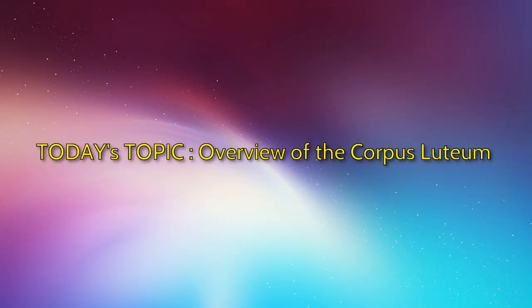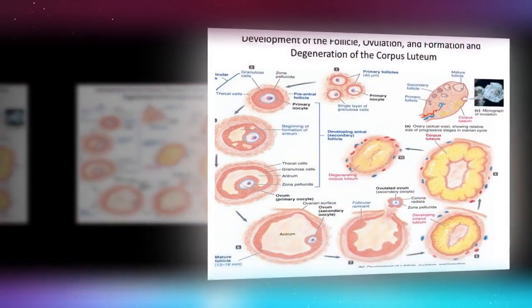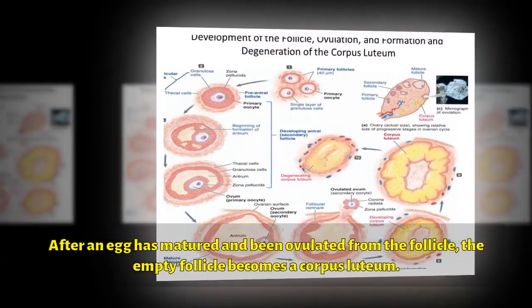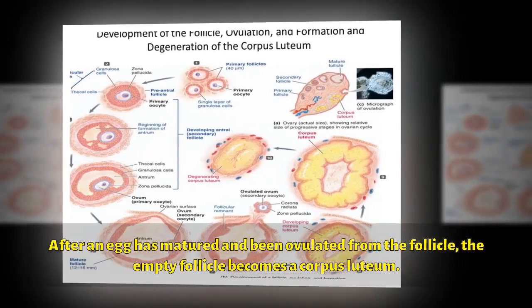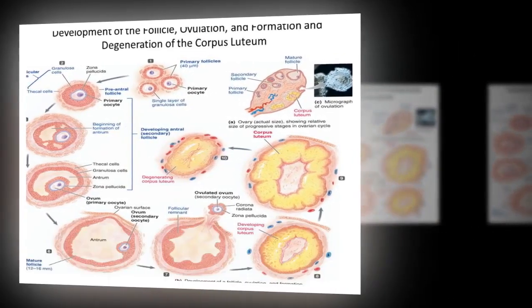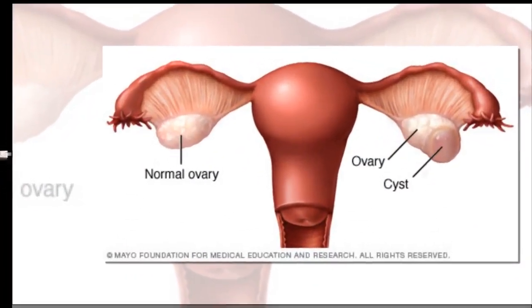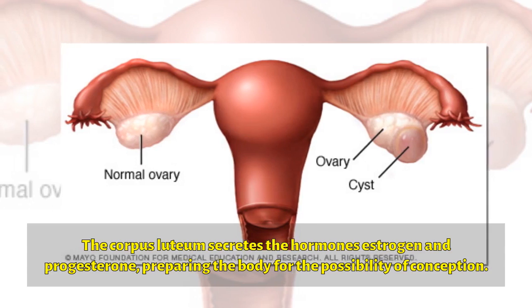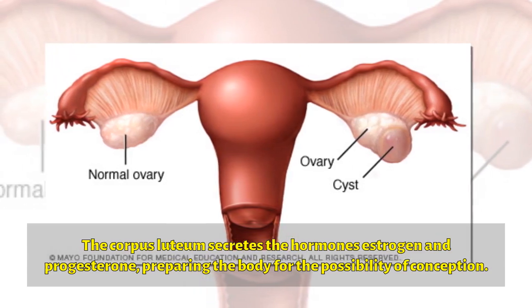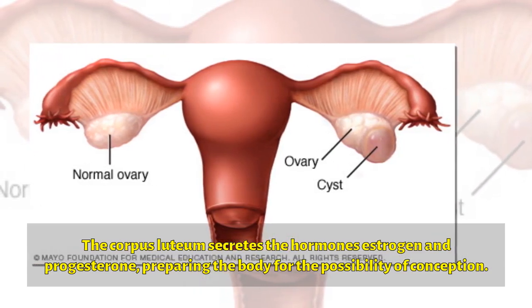Today's topic, overview of the corpus luteum. After an egg has matured and been ovulated from the follicle, the empty follicle becomes a corpus luteum. The corpus luteum secretes the hormones estrogen and progesterone, preparing the body for the possibility of conception.